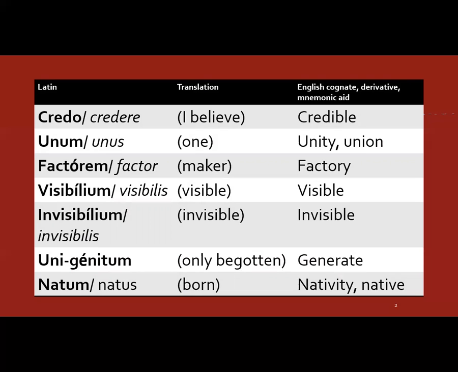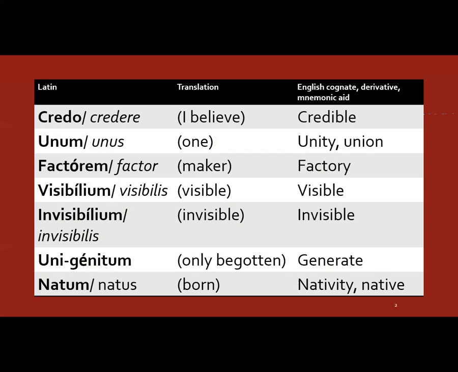Visibilium means visible. We have an exact cognate. And invisibilium, invisible, we have an exact cognate. Right? The word in is an addition to words, which sometimes signals to us that it's kind of a negative. It's a privative. It deprives you of something. So we have the visible, and then we have the not visible, the invisible.